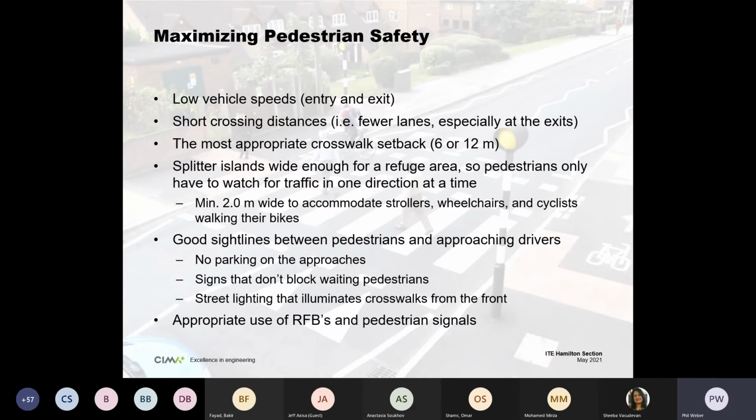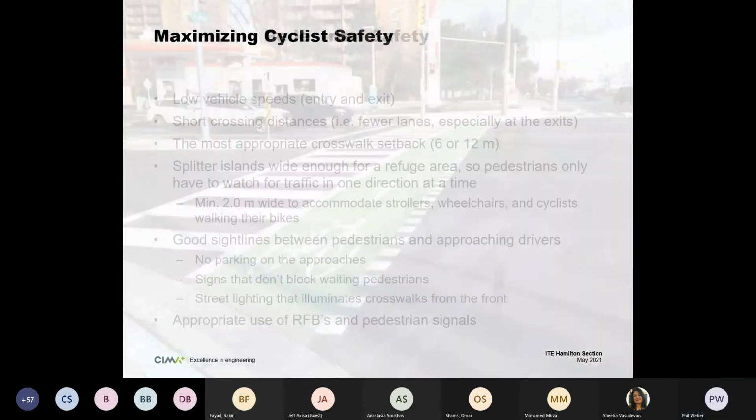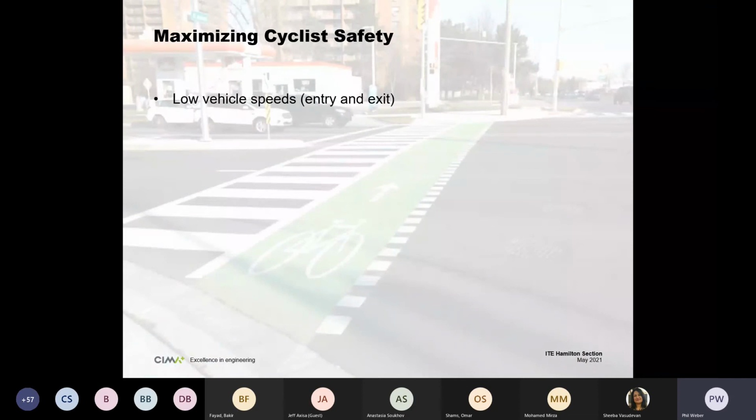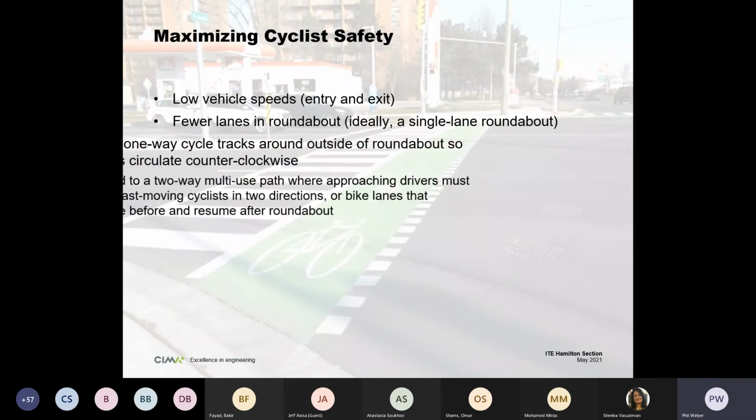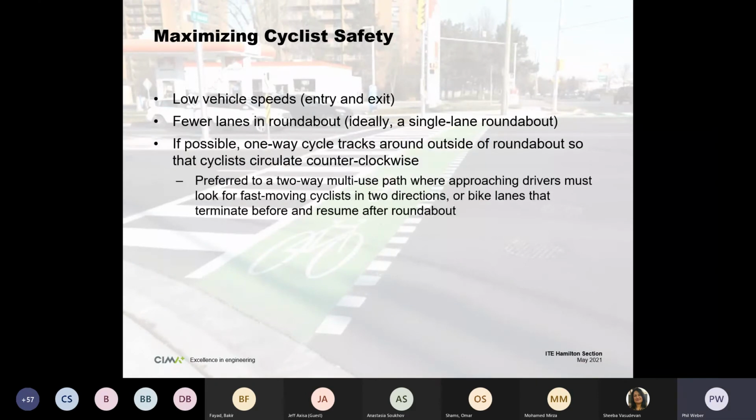And how do we maximize cyclist safety? Low vehicle speeds, entry and exit, fewer lanes in the roundabout, ideally a single lane roundabout, but of course we can't do that everywhere. If possible, one-way cycle tracks around the outside of roundabouts so that cyclists circulate counterclockwise, but again, we can't necessarily do that everywhere either.